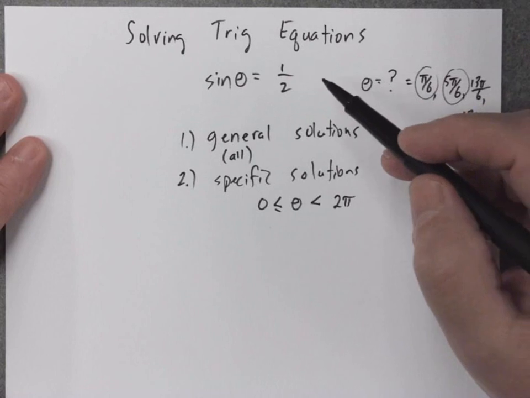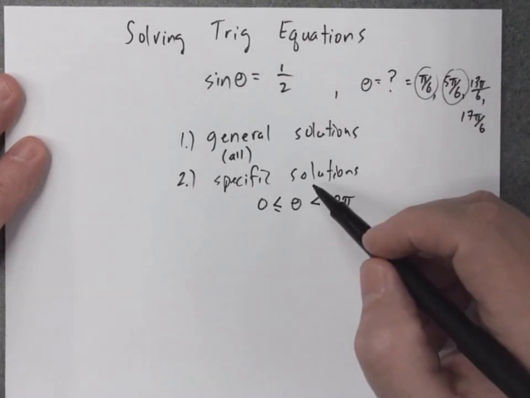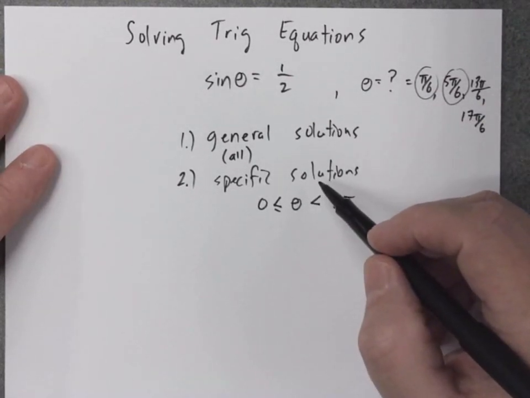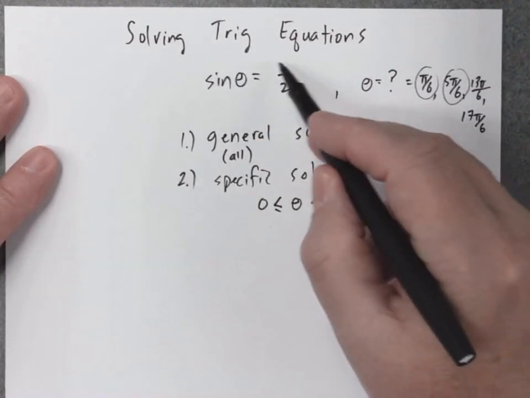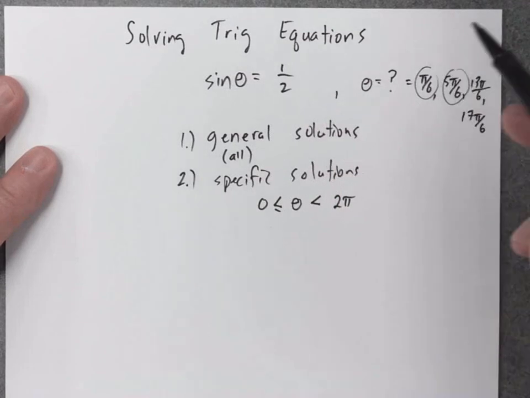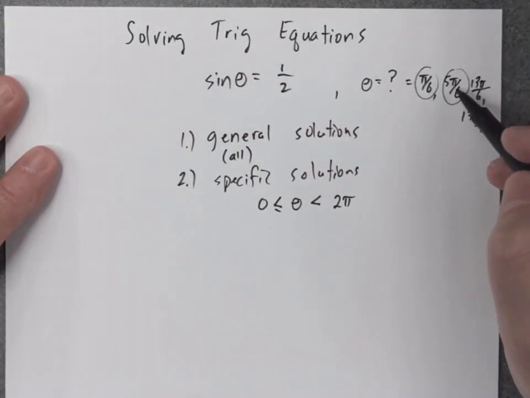Now what's going to happen is, especially for these problems with specific solutions, sometimes, like for this problem, if we're asked for a specific solution, the answer is pretty clear.